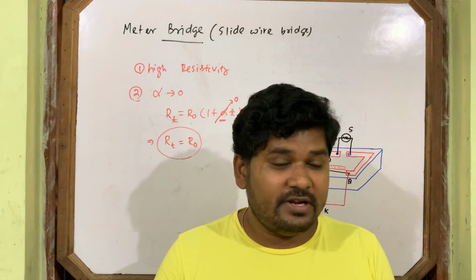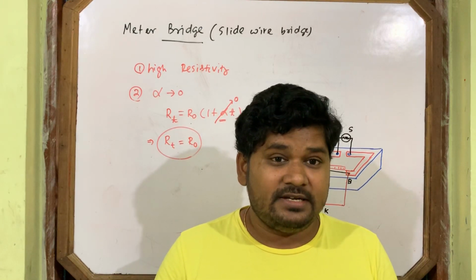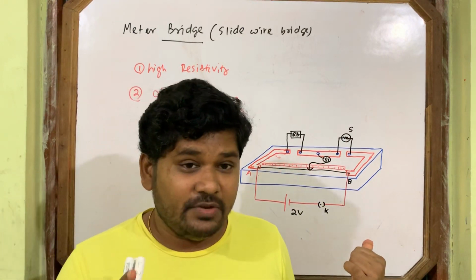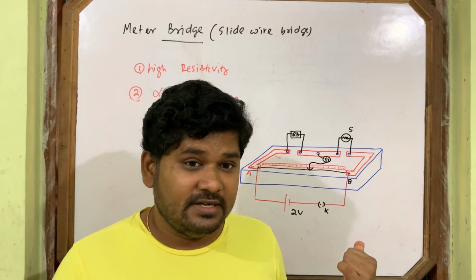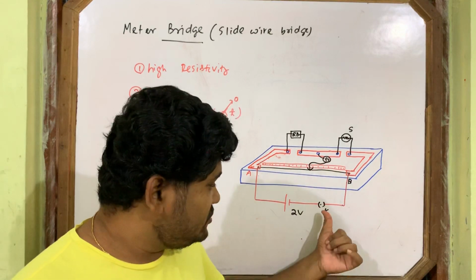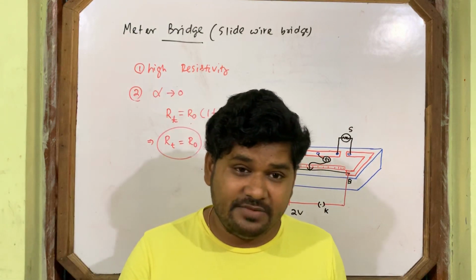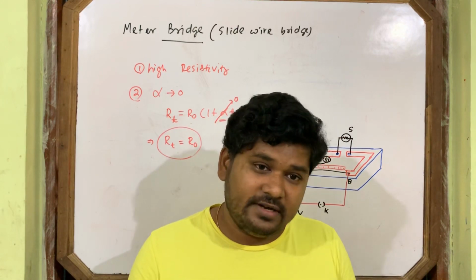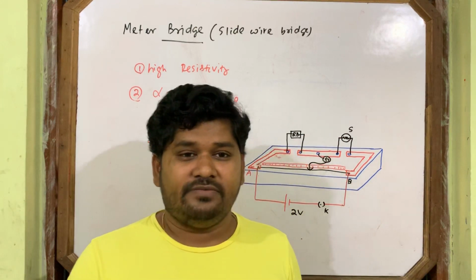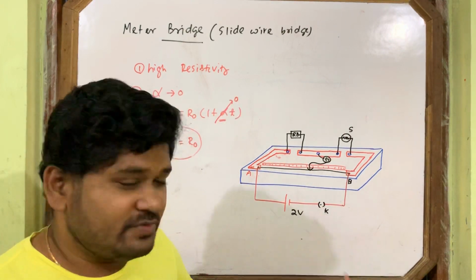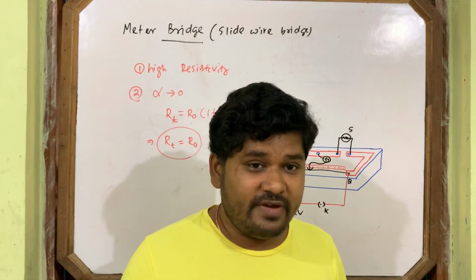But you should be cautious that the temperature of the wire should not increase. While you are not taking the observation, just switch it off. When you take an observation, switch on, take the observation, and immediately switch off after it.